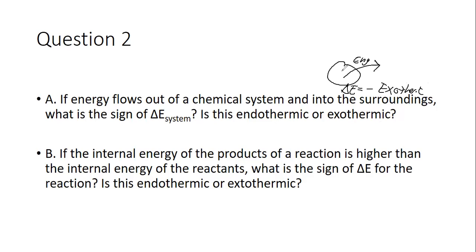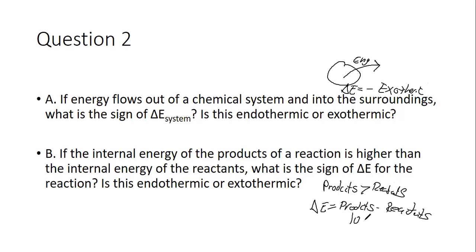For question 2, the energy of the products is higher than the reactants. Delta E equals products minus reactants, and we can put fake numbers on there.